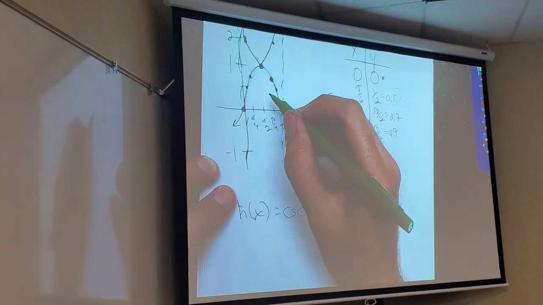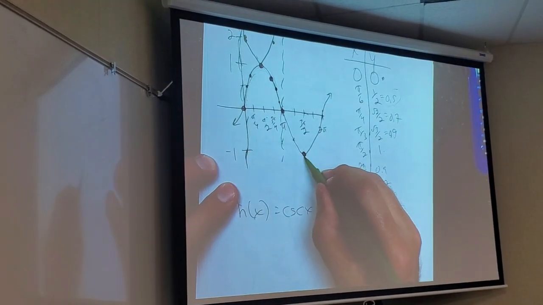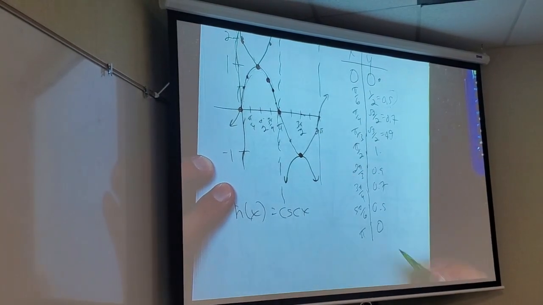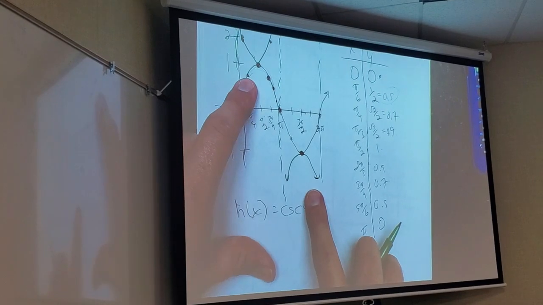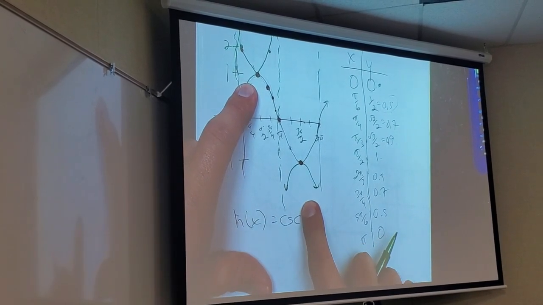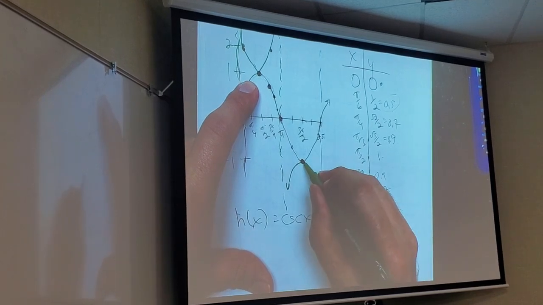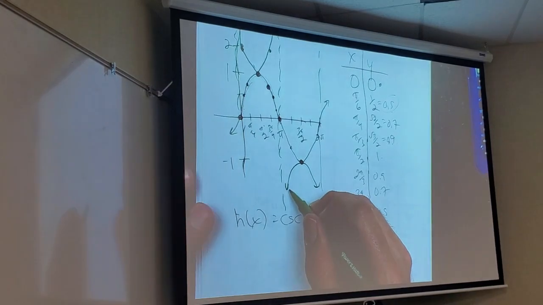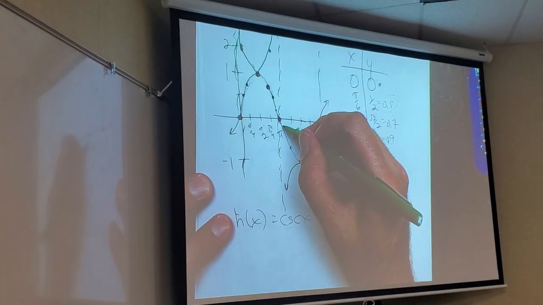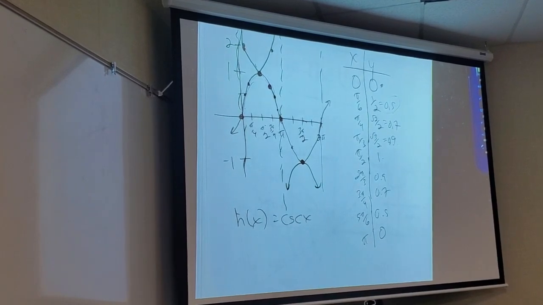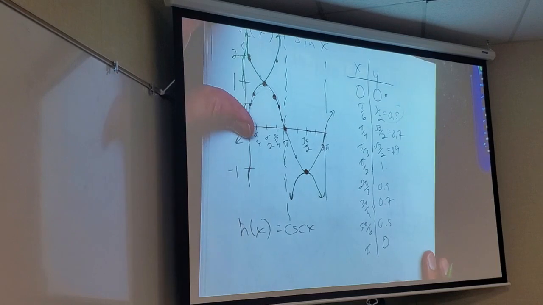If I graph sine, I just have to put these cups there. Now I've just graphed cosecant. Because cosecant is 1 over sine. So when sine is 1, cosecant is 1. When sine is 1/2, cosecant is 2. When sine is 1/100th, cosecant is 100, right?